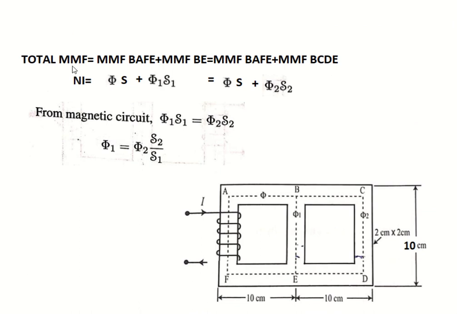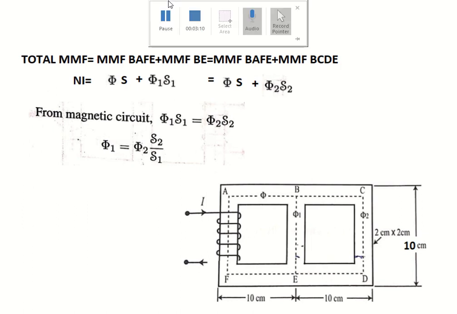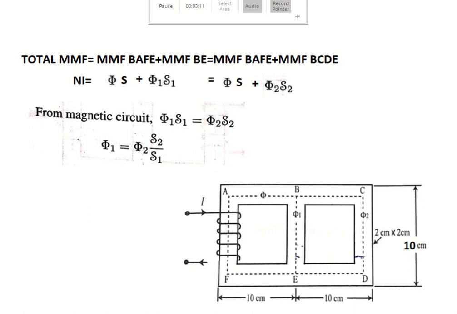So from the total MMF, NI, you have to take either this closed circuit or this closed circuit. Each closed circuit should include N into I. If you write the KVL equation, N into I equal to phi into S plus phi 1 into S1.